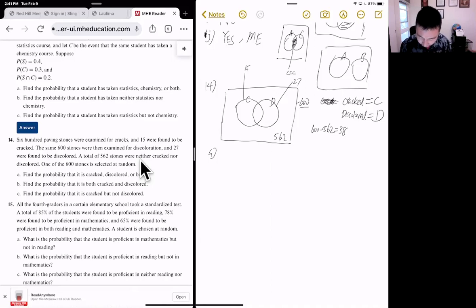Because we have 562 neither cracked nor discolored, 600 minus 562 is 38. So these 38 stones were cracked, discolored, or both. So anywhere within these two circles, C and D. The question is asking for the probability. So that will be 38 over the total sample space.